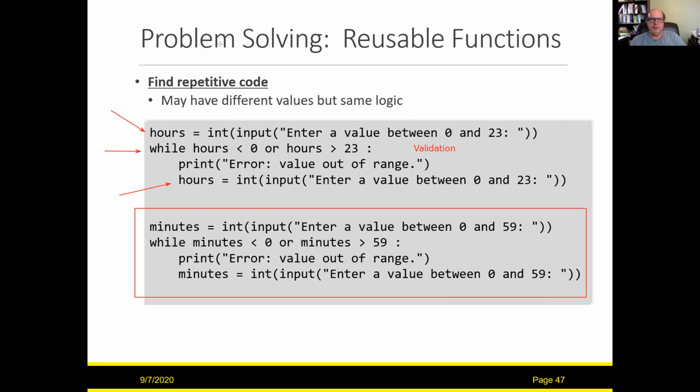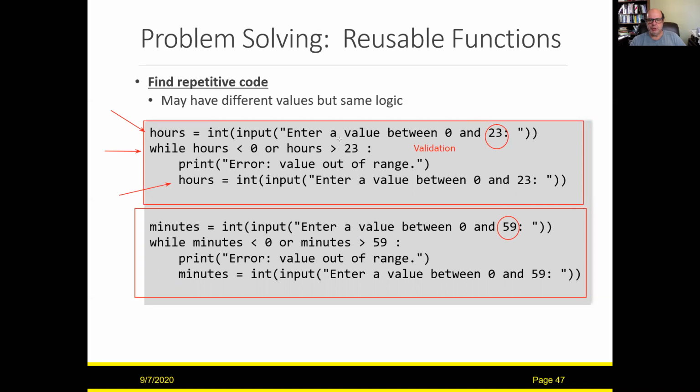Now, we have this one and we have this one. So we look at these two and ask, okay, what do they have different? Enter the value between 0 and 59. So in here is 59, here is 23.